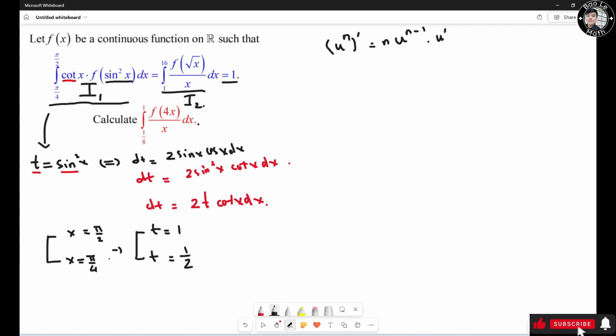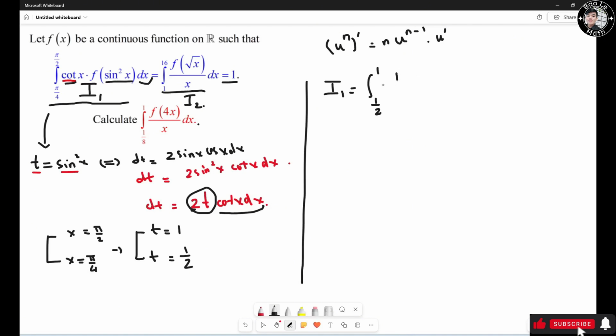Now I have the new integral. I1 becomes the integral from 1/2 to 1, right? Cotangent s ds, I replace this with dt divided by 2t, right? So it could be 1 over 2t, I put dt right here, right?